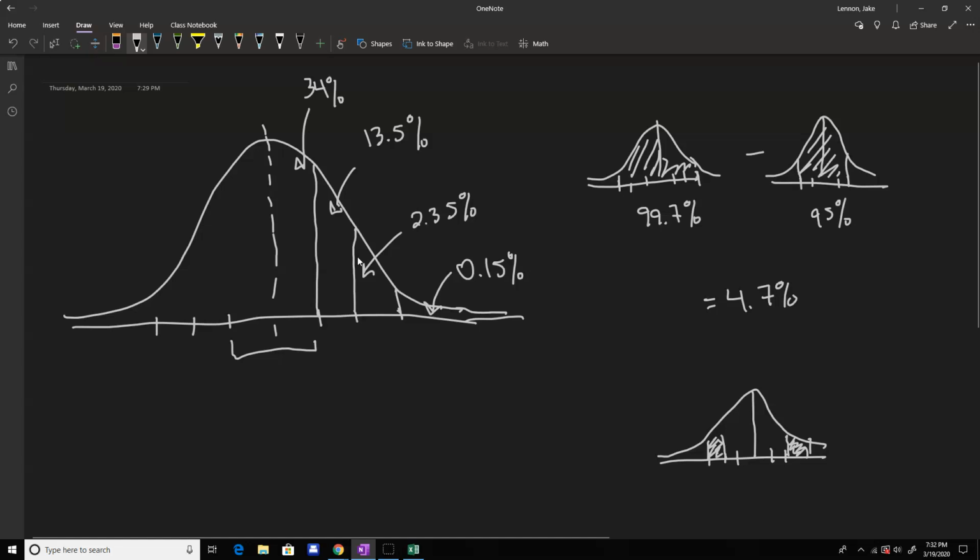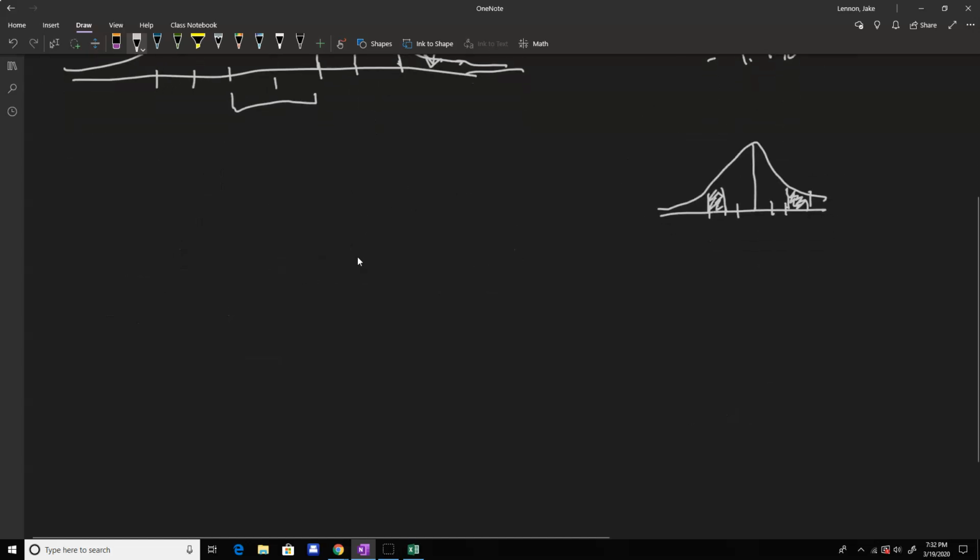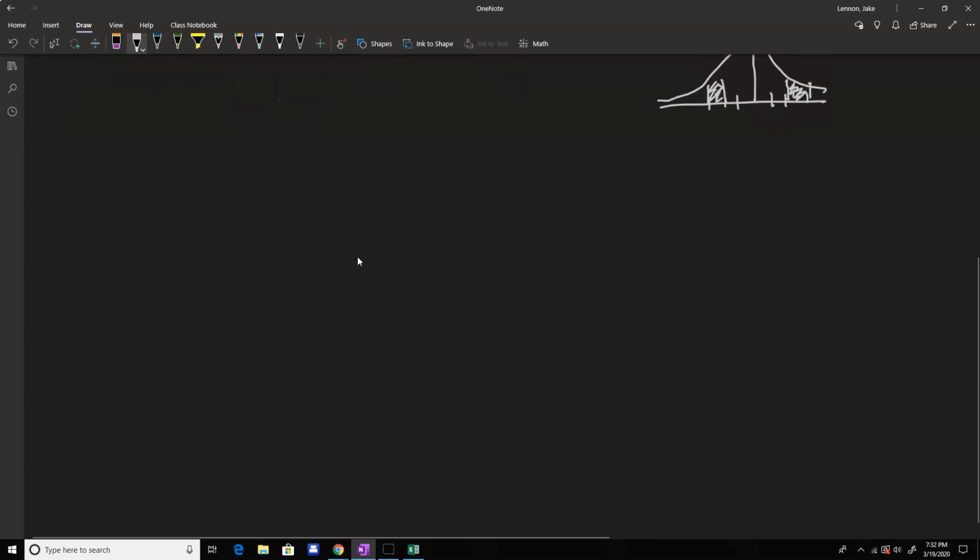All right, so maybe we'll look at one more problem where we can figure that out. So let's go ahead and do one more kind of silly example that I've worked out before.